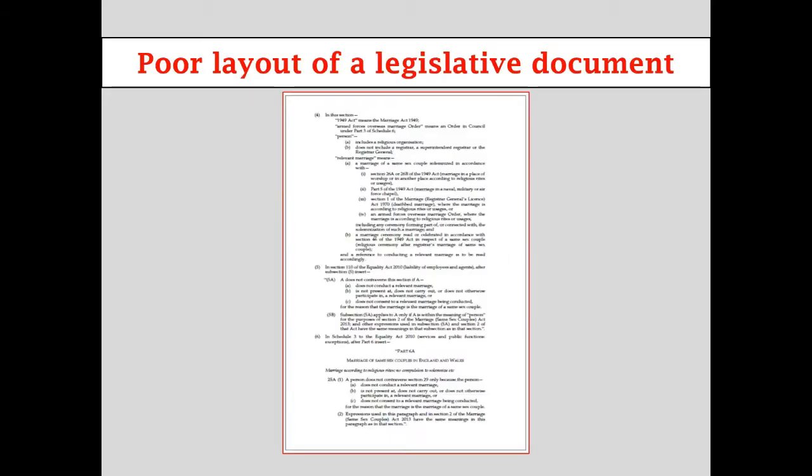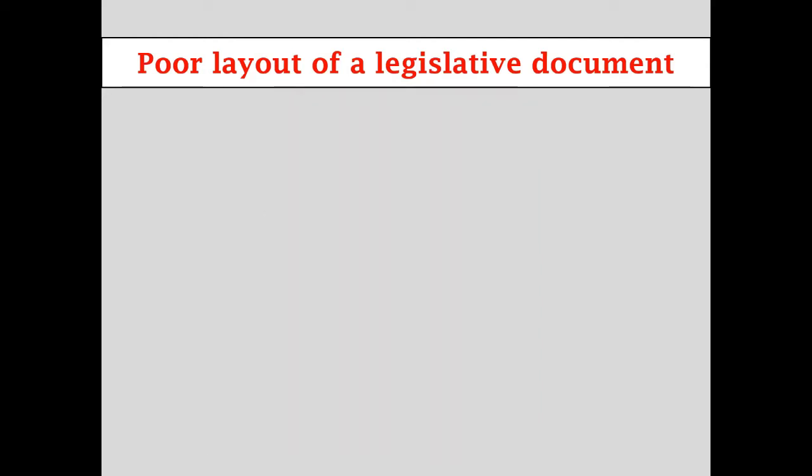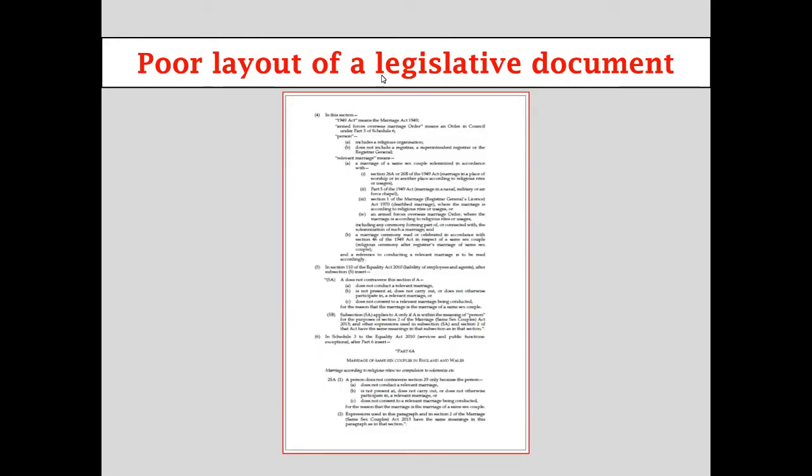Take a legislative document. It has many sections, subsections, sub-subsections, but is the design serving it well? The same layout, now you can see it recast. You see, everything is being done by indent. There's no indent, then this indent, and it goes progressively deeper.